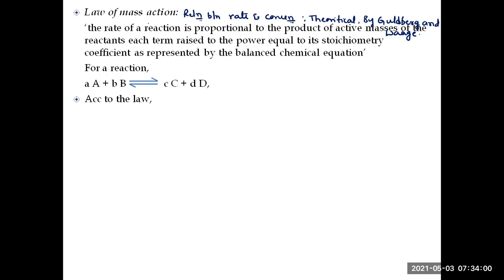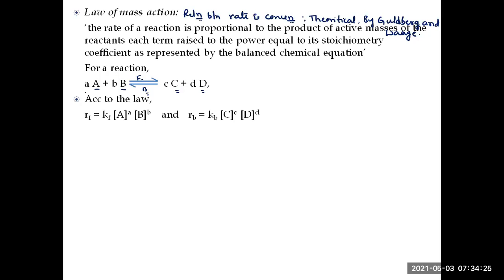Which are the reactants in the forward reaction? A and B are reactants in the forward reaction, correct? C and D are reactants in the backward direction.